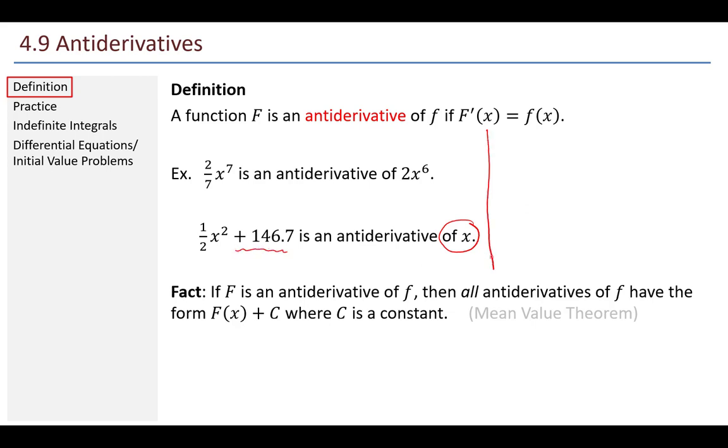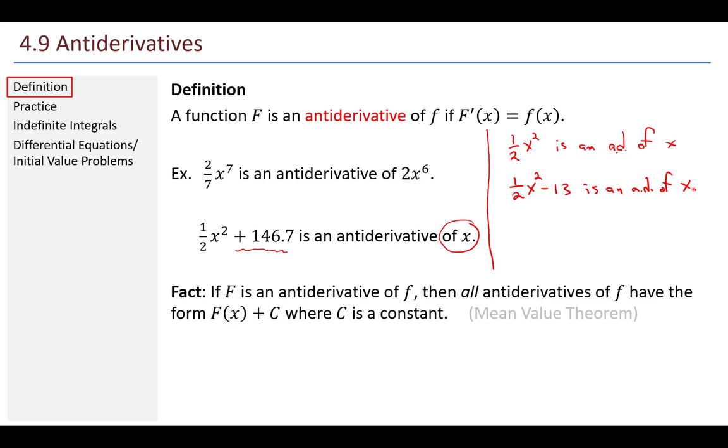But I could also say that 1/2 x squared is an antiderivative, I'll just write AD, antiderivative of x. And 1/2 x squared minus 13 is an antiderivative of x.